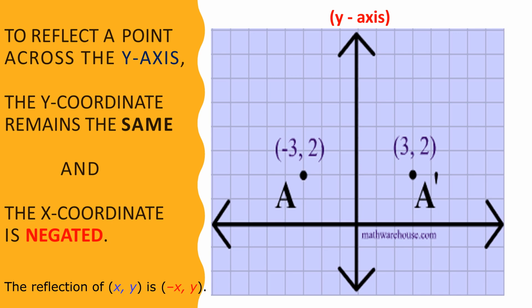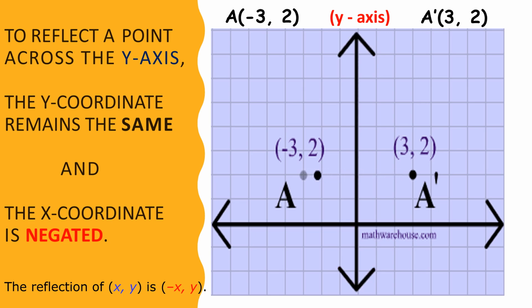Reflection in the y-axis. To reflect a point across the y-axis, the y coordinate remains the same and the x coordinate is negated, meaning that the x coordinate is multiplied by -1. Now take a look at it. Now if you reflect this point -3 comma 2 across the y-axis, this is what happens.